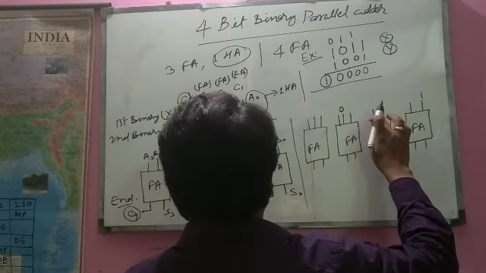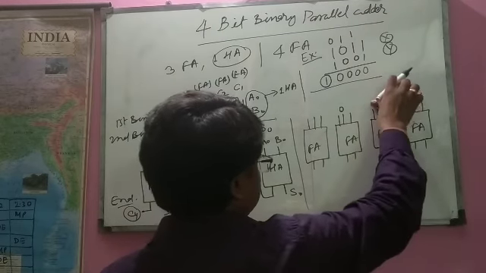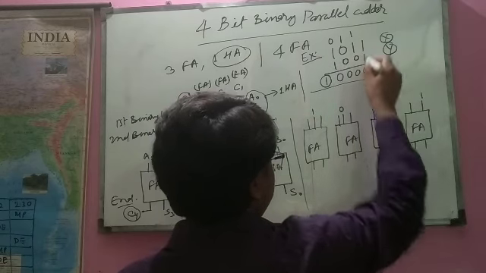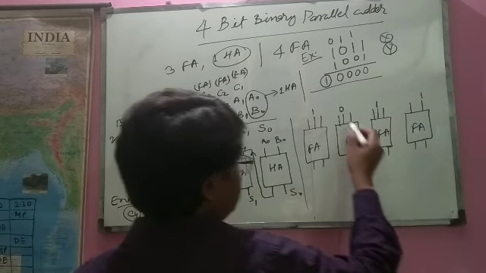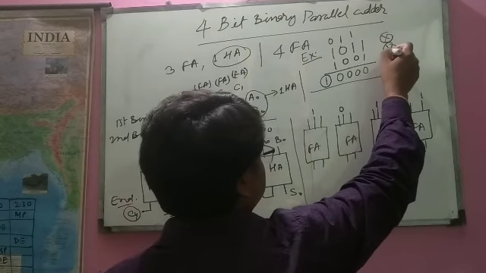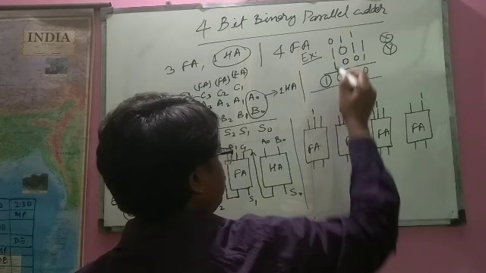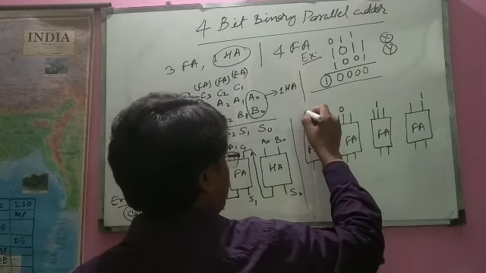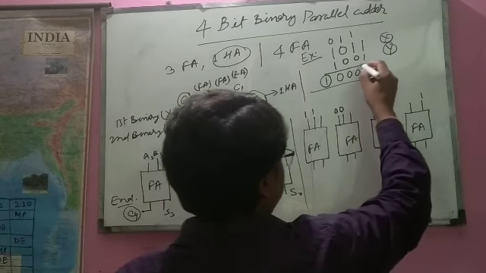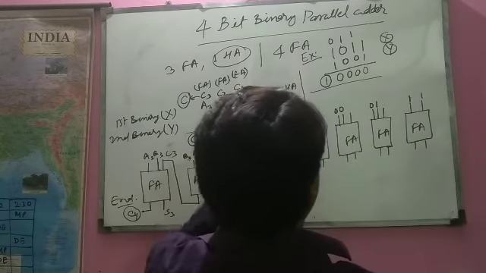Okay, like this, 1 0 1 1. So this is the value of X, and what is the value of Y? Y will be B0, B1, B2. So it will be like this, 1 0 0 1.